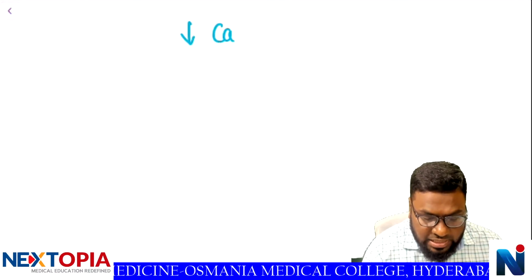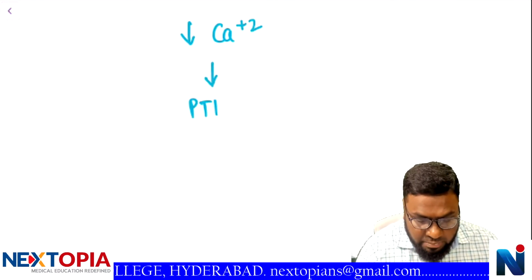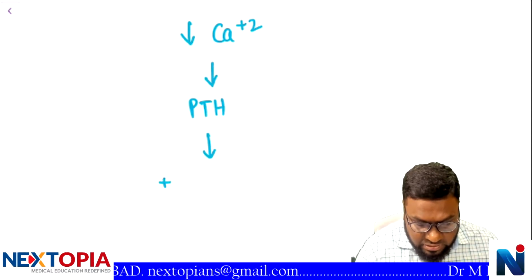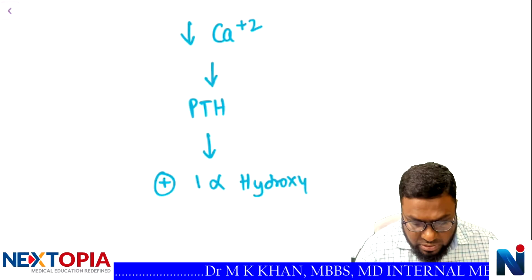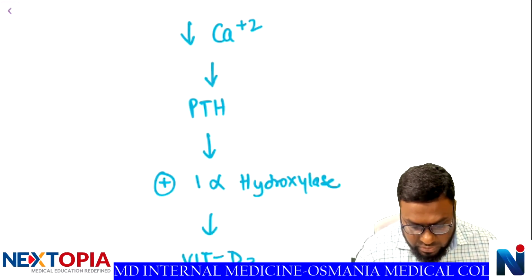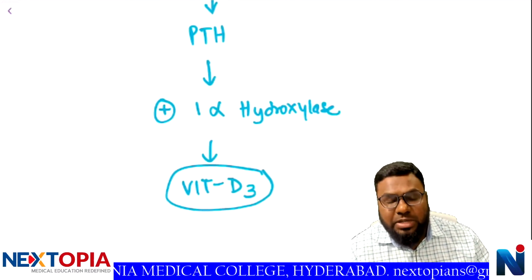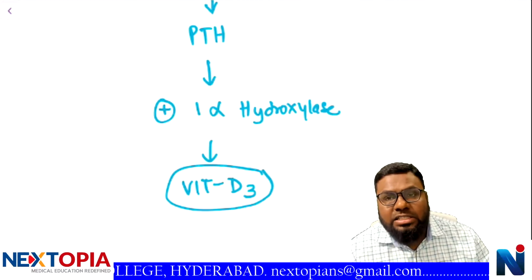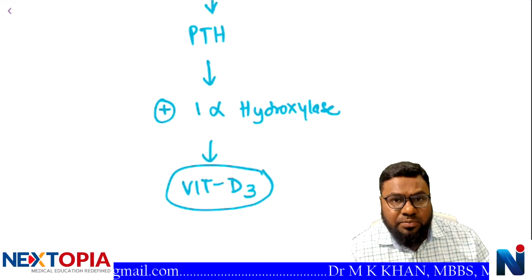Whenever there is a fall in the calcium levels in the blood, this promotes parathormone. Parathormone activates the 1-alpha hydroxylase enzyme in the kidneys so that vitamin D is secreted. This vitamin D3 increases reabsorption of calcium from the gut and from the distal convoluted tubule, and also promotes parathormone activity.